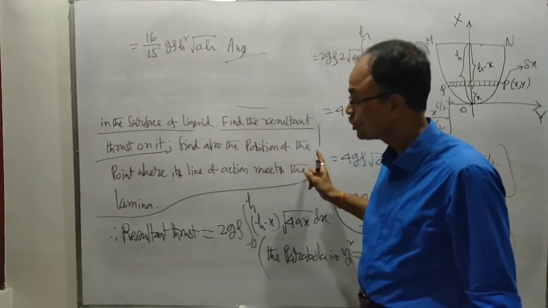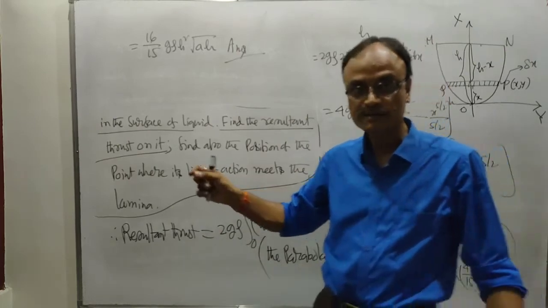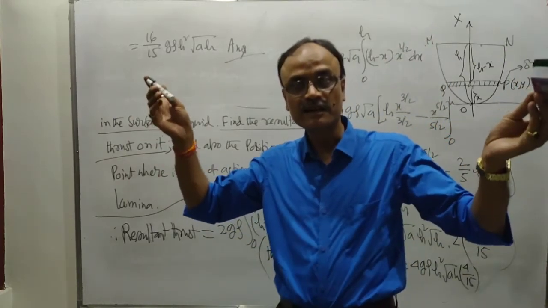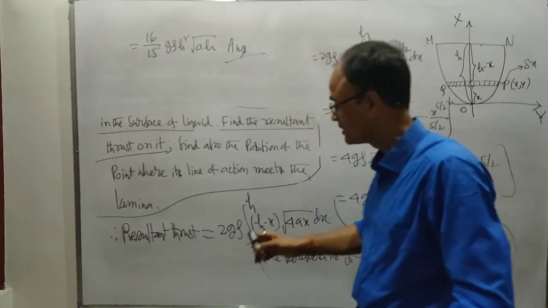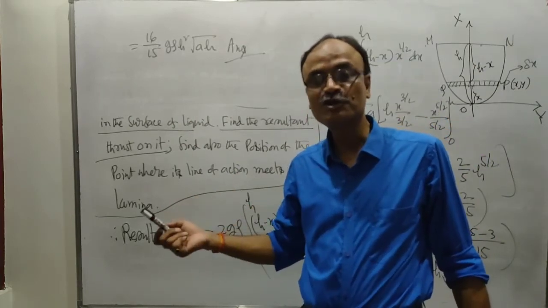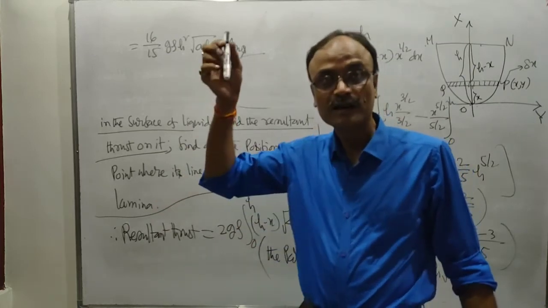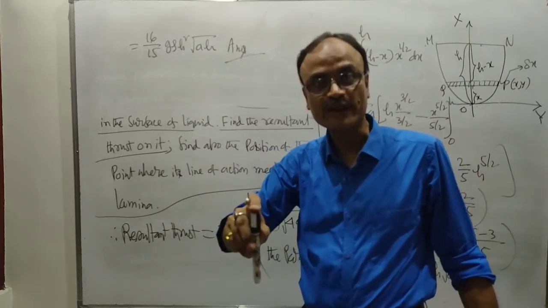Find also the position of the point where the line of action of the resultant thrust meets the lamina. By definition of center of pressure, the resultant thrust passes through a point.